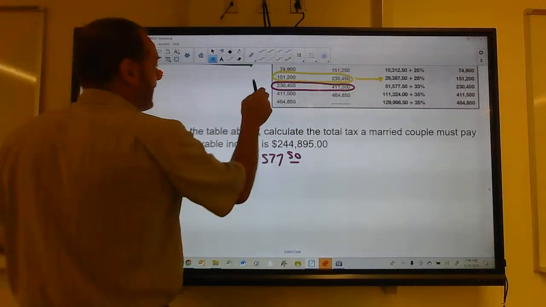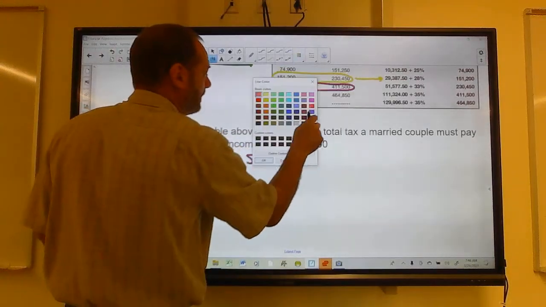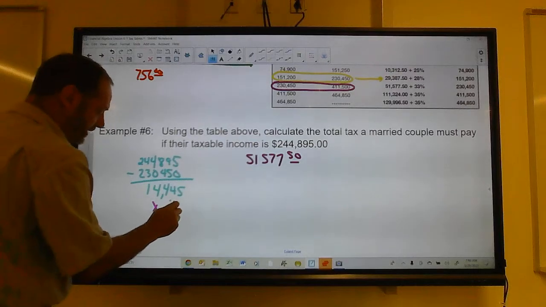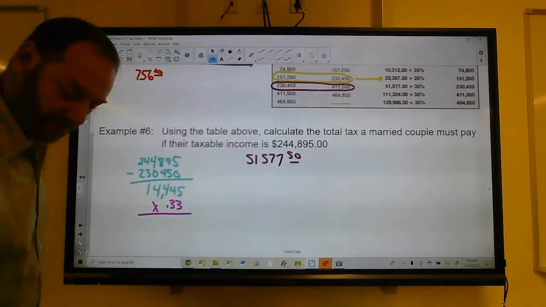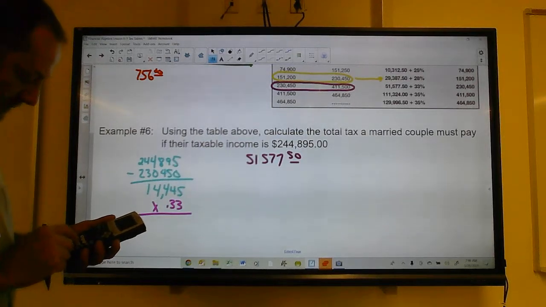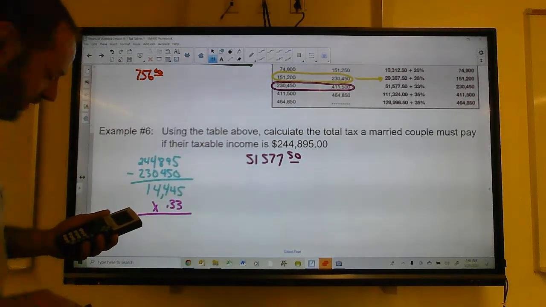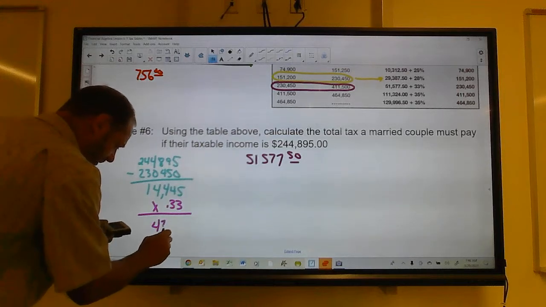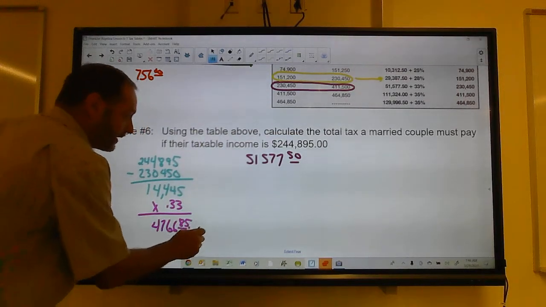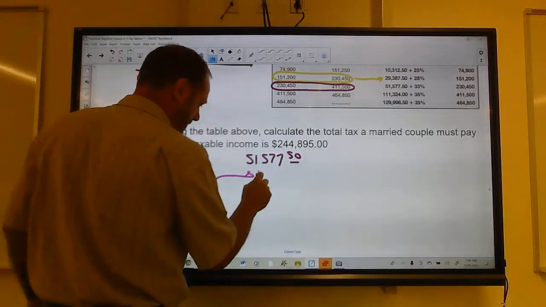So we've got to multiply that by 33%, 0.33. So that comes out to an additional $4,766.85, which we're going to add up right here.